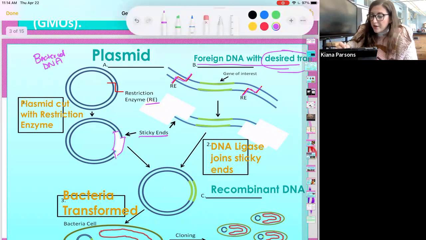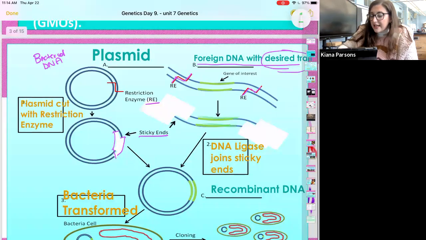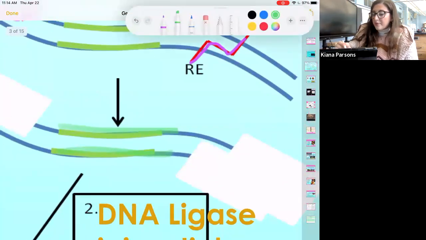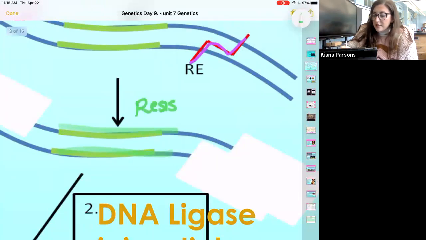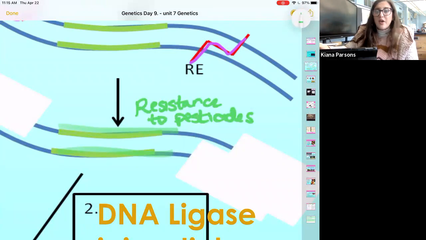This green part represents, let's say, resistance to pesticides, which is a real trait that has been put in some wheat crops. If the wheat plant itself is resistant to pesticides, they can use pesticides all over the crops and the wheat will still grow, and other invasive plants, weeds, will not grow.